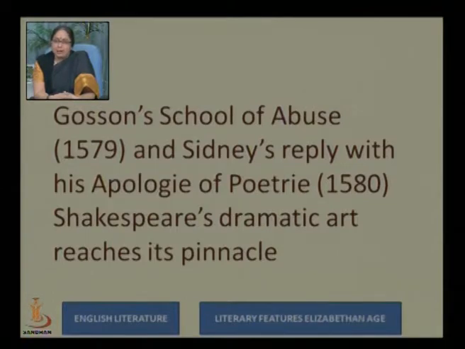And Sidney's Apology for Poetry, which was published in 1580, was the reply to Gosson's School of Abuse. Now this is the period when Shakespeare's dramatic art reaches its pinnacle.